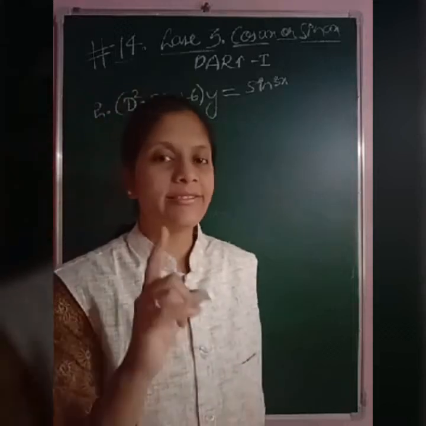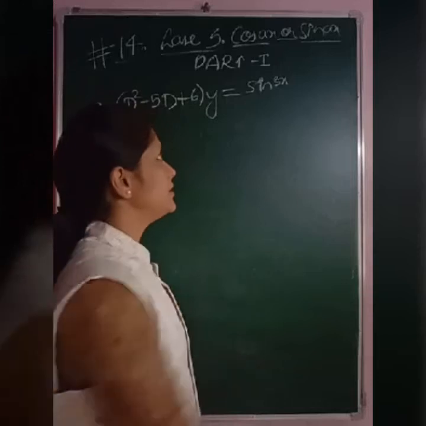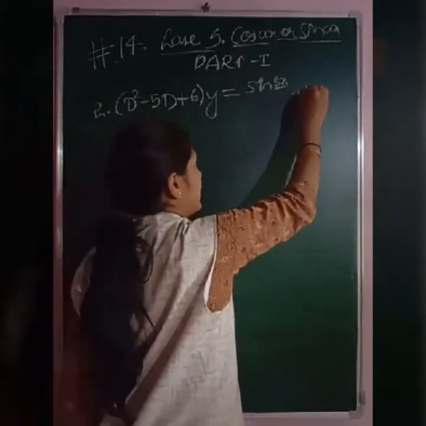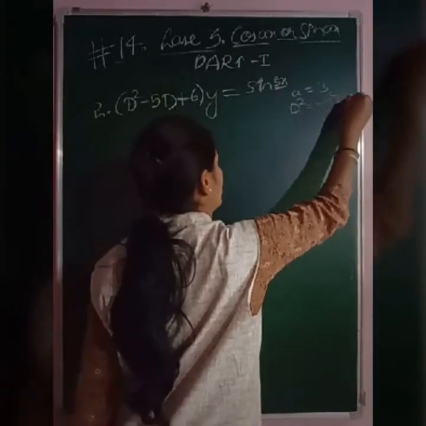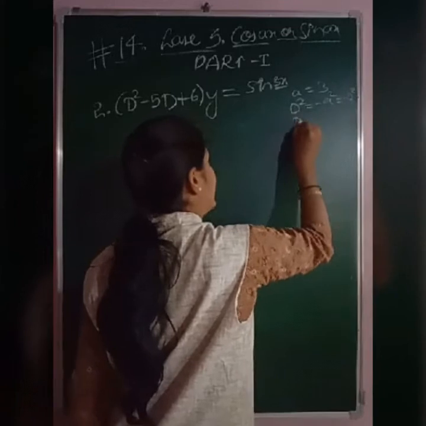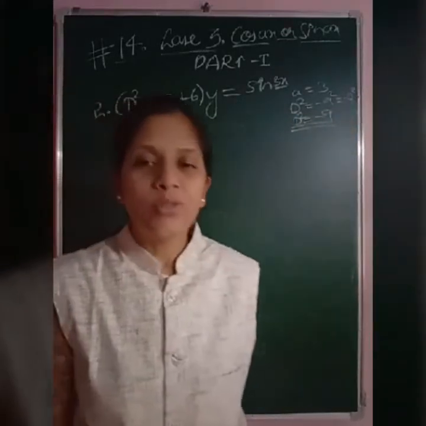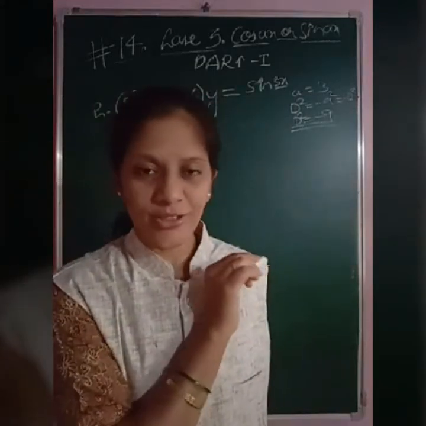Firstly it is non-homogeneous, so CF plus PI. CF we know, PI also we know. What is this? Case 3, sin ax with a equal to 3. D square equal to minus a square equal to minus 3 square, so D square is minus 9. As soon as we see this question, this quickly flashes to our mind.